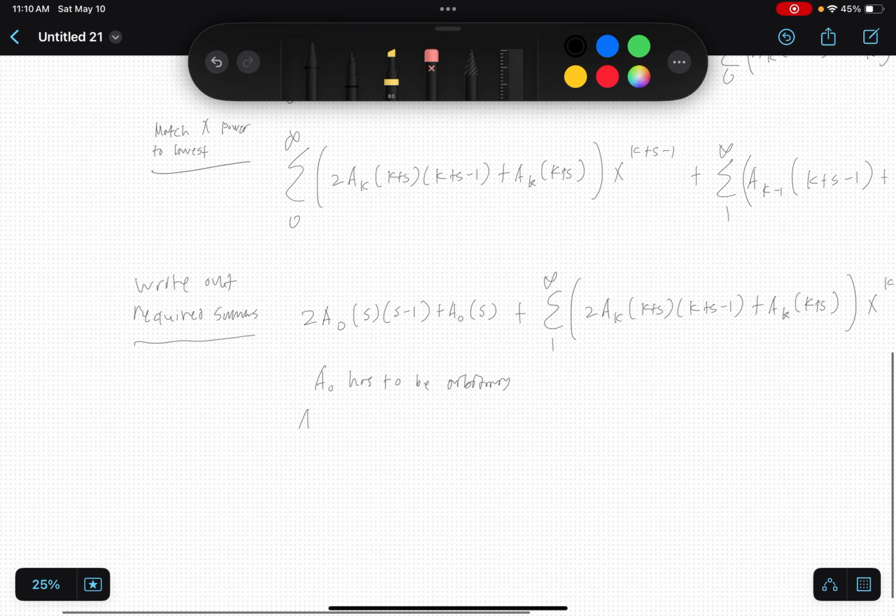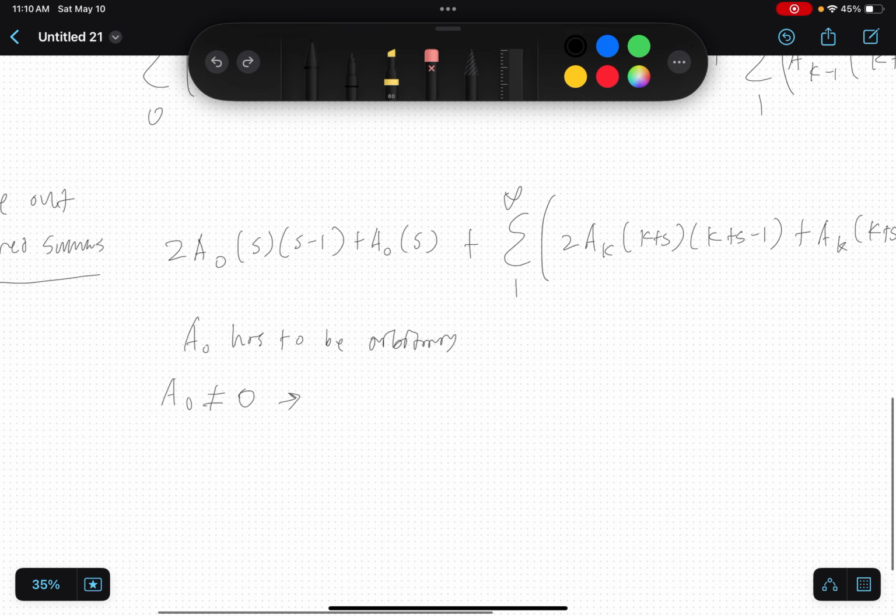And a0 can't equal 0. So that means that the rest of this has to equal 0. And the way that'll work, 2s minus 1 plus s equals 0.